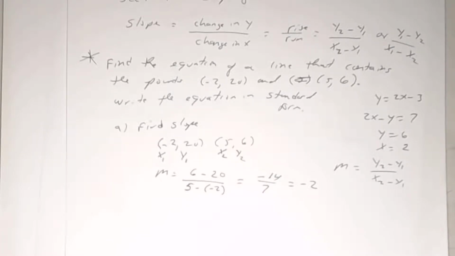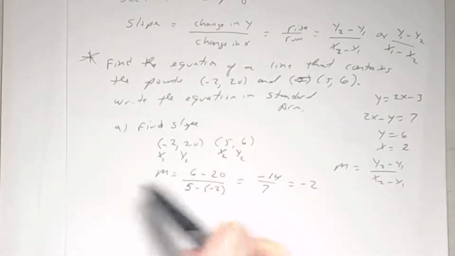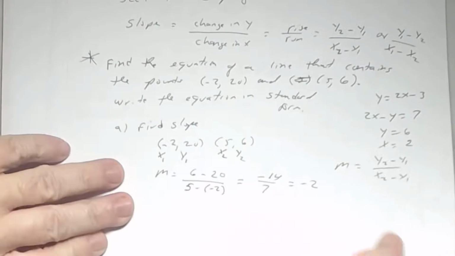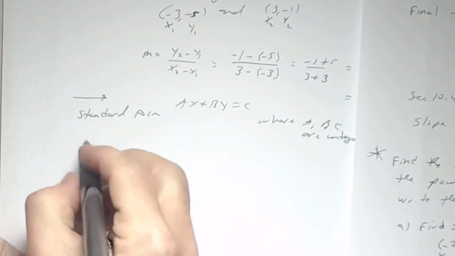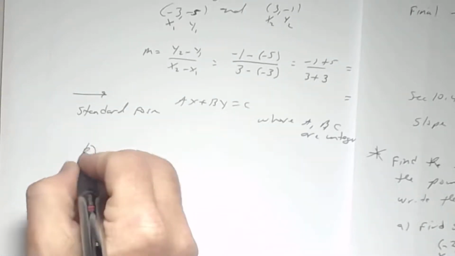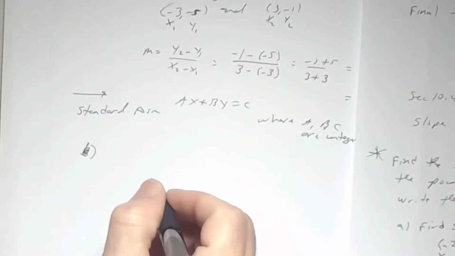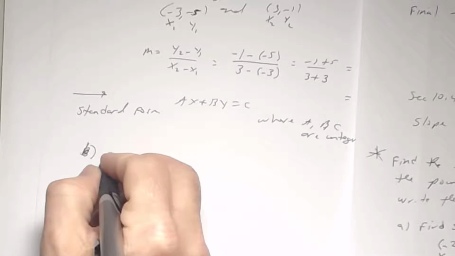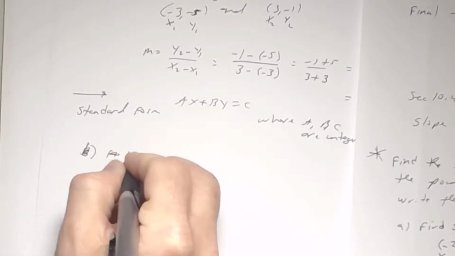You can find the slope using the slope formula. You label your points and plug into your formula. That is part A. Part B, you're going to find the equation. You're going to write the equation.